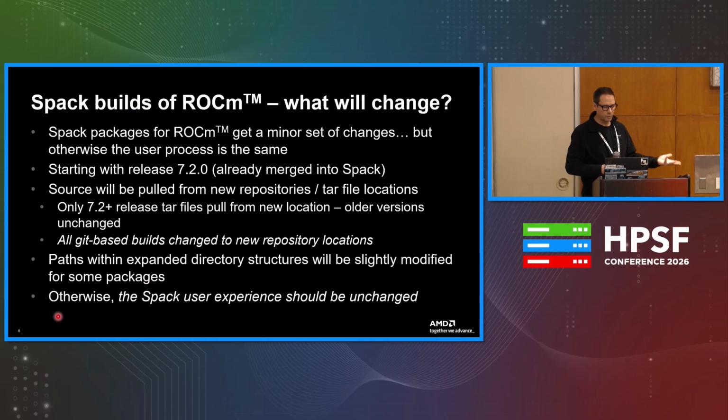So if you're doing a development build or pulling releases, it's going to pull from the new location, and the older versions will remain unchanged. So if you're wanting to build ROCm 7.1, it's still going to pull from the older repositories that have been deprecated, but as far as I know, they won't go away until they get end of life.